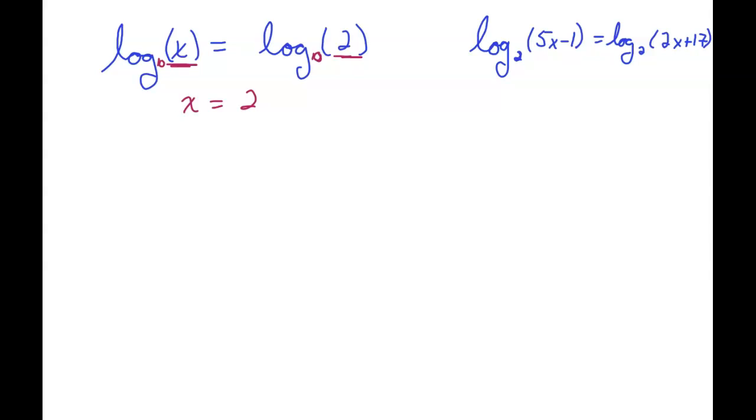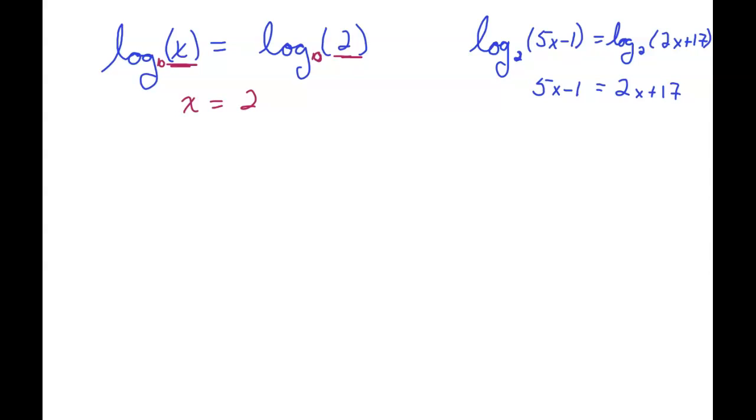Now you'll notice that I have the same log with the same base, a single log equal to a single log. That means that their arguments have to be equal to each other. So I'm going to say 5x minus 1 has to equal 2x plus 17. So I'm going to solve this equation.